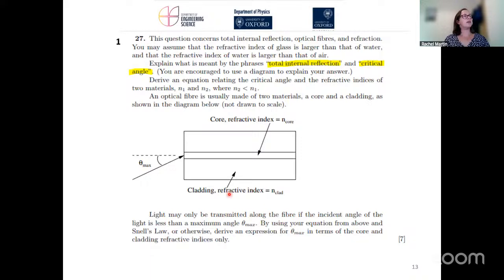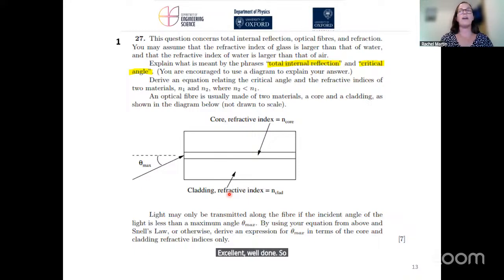Excellent, well done. I'll give you about 10 more seconds on the definitions. The next part of the question is to derive. Excellent, well done.